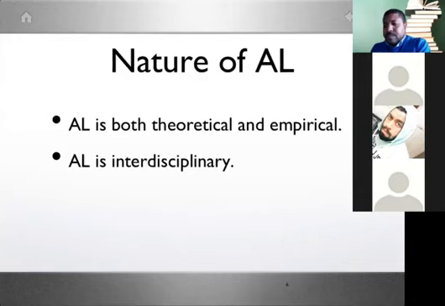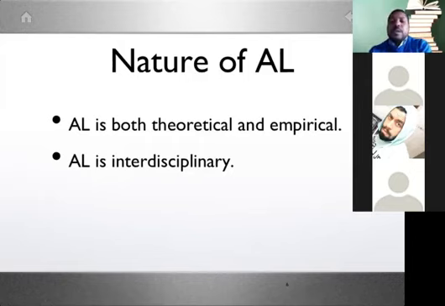For example, applied linguists are interested in language, but they are not the only ones interested in language. Linguists are interested in language. Psychologists are interested in language. Educationalists are interested in language. Sociologists are interested in language. Anthropologists are also interested in language. See? So applied linguistics is in a state of interdisciplinarity with all these fields.